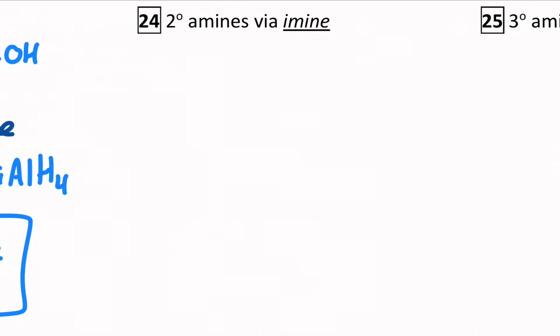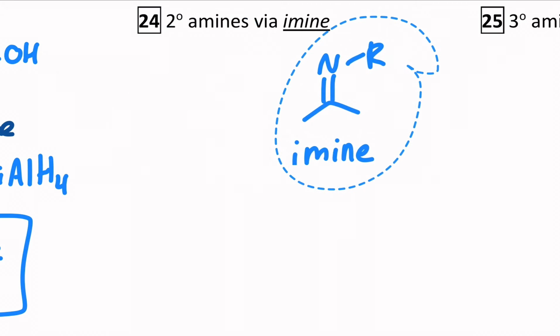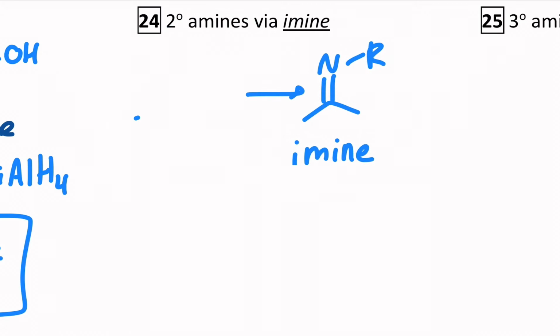A secondary amine would actually come from something like what we just made, an imine. And you can make an imine from a ketone. We just showed that.